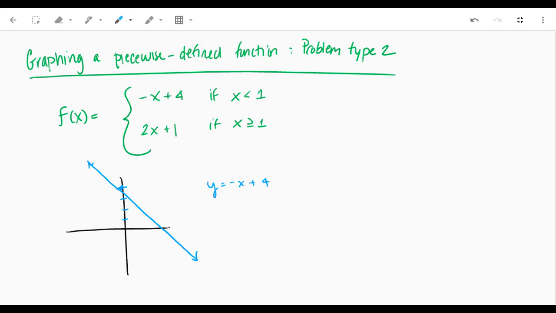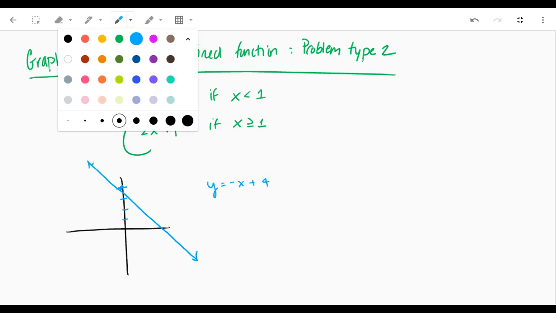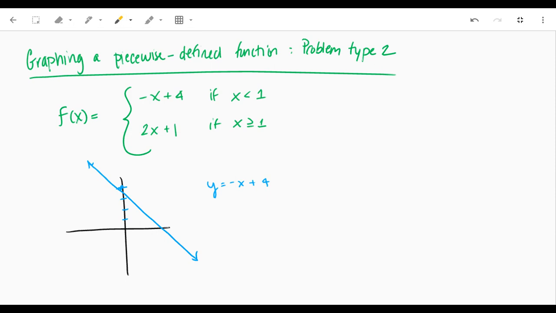Then my other one, I'm going to have y equals 2x plus 1. So y-intercept of 1 and a slope of 2.